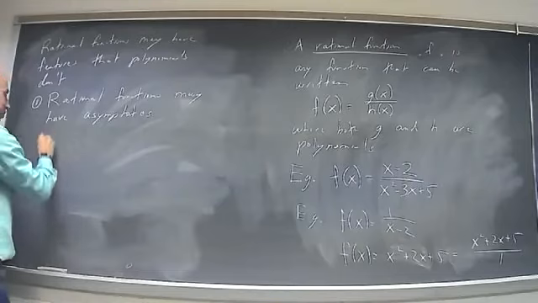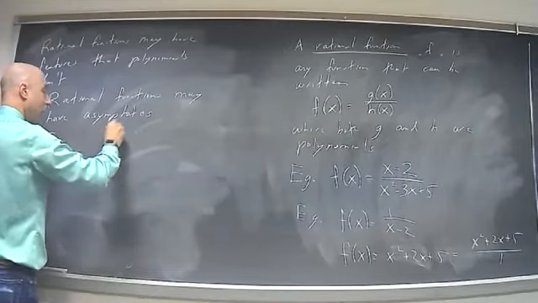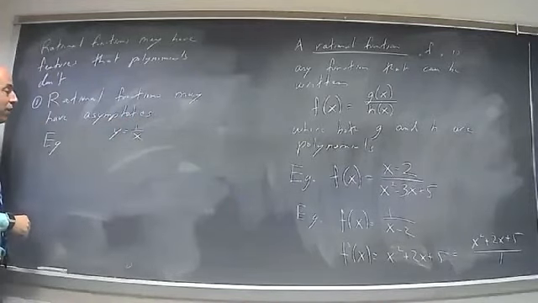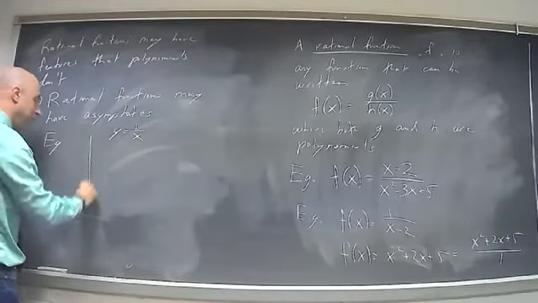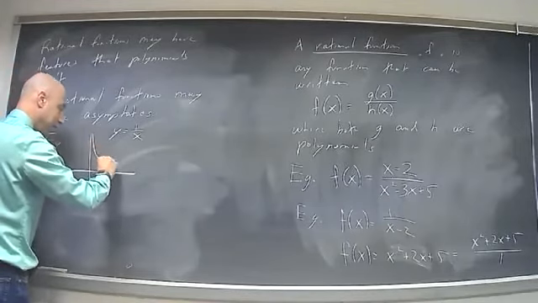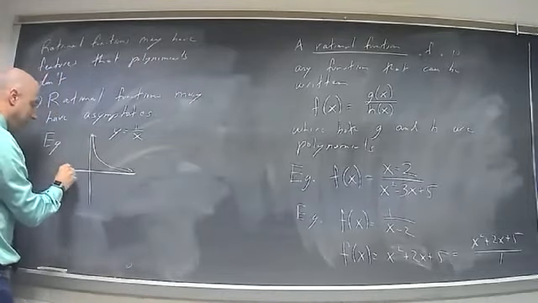So for example, let's just do a few examples. Let's do a function you already know, y equals 1 over x. We already drew this one. It's a hyperbola. That's what that shape is called. It has a branch over here and a branch over here.